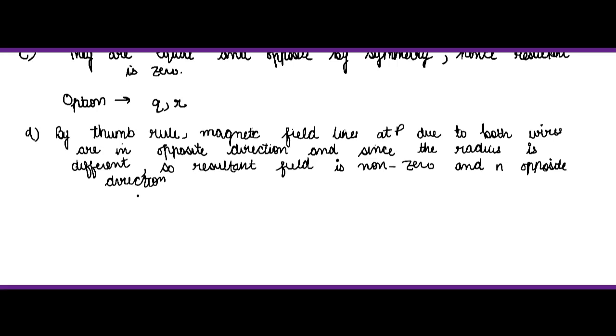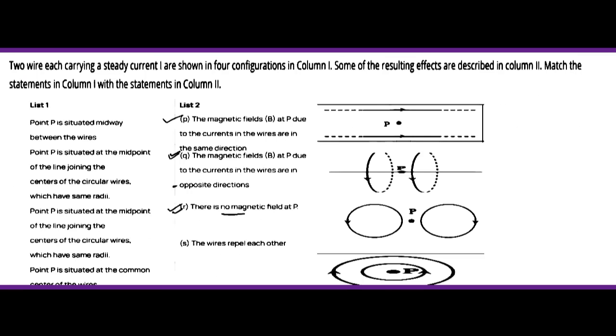So guys, as we move towards the options, we can see which option is right. Here this option is not true because this is in opposite direction and this is no magnetic field. It means the magnetic field at P is not due to the current in a wire in the same direction. Why?